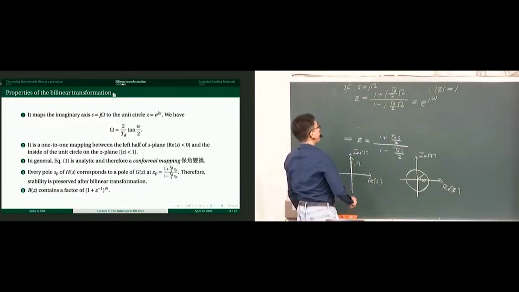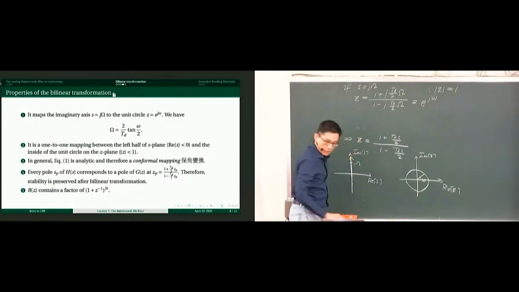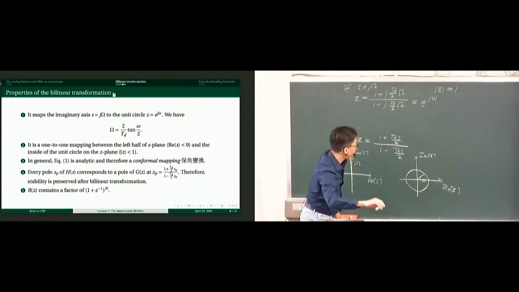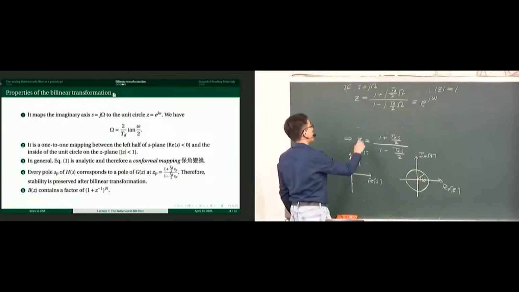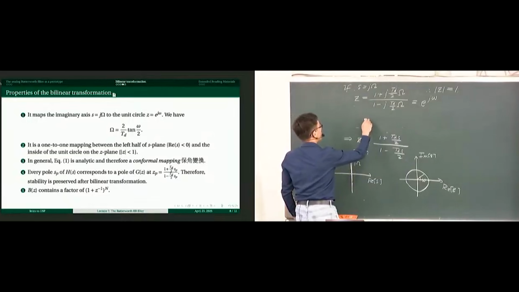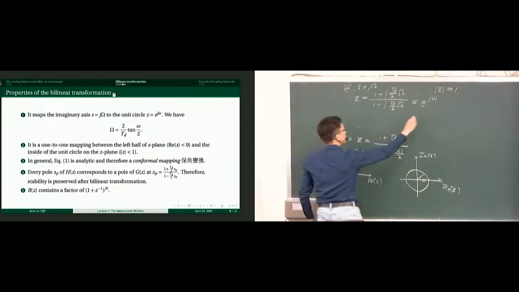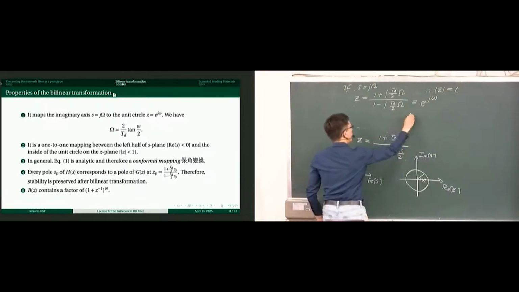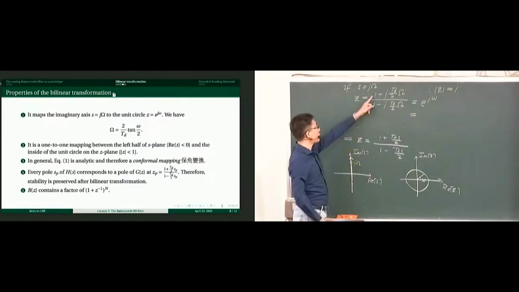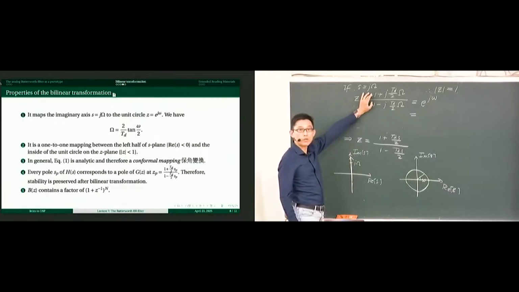The way I like to write it is this: since right here we have a division, we're dividing one complex number by another complex number. Therefore, the angle of the result should be the difference.